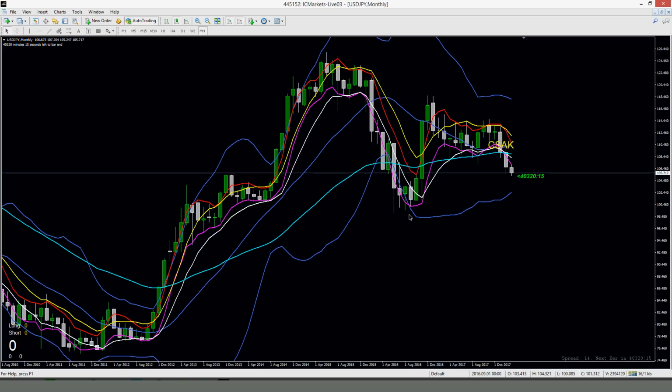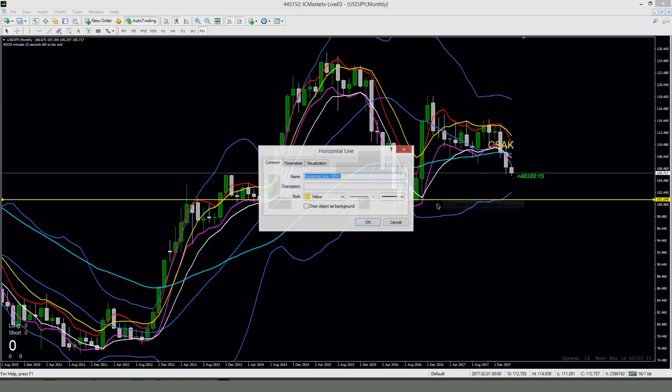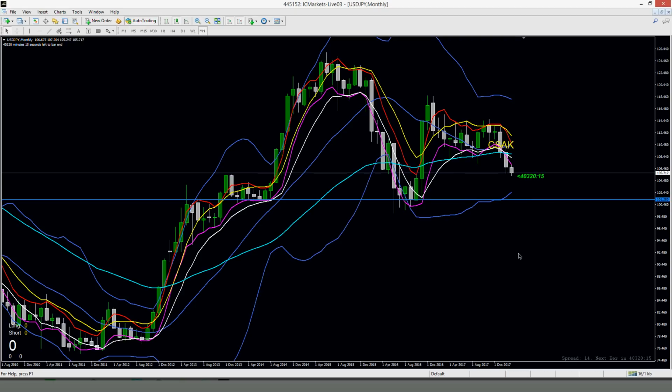We have an MHB here from a few months ago. Usually when the market is trying to go back to that particular area, you need to mark this zone so that you have a point of reference. So I'll just mark this. Usually this is color blue, so I know that it's a buy zone.